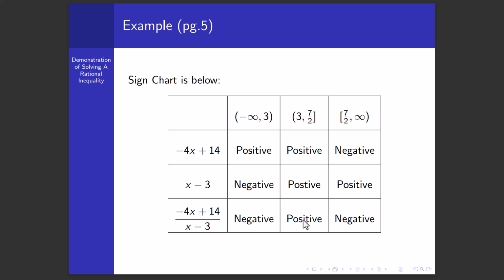So that went from negative to positive. And 7 halves also had an odd multiplicity, so it must also change sign again, going from positive to negative. So the sign chart and the analysis using multiplicity and end behavior coincide.